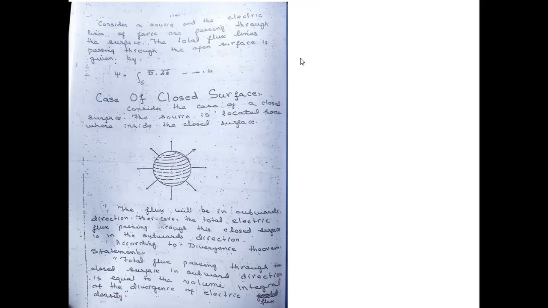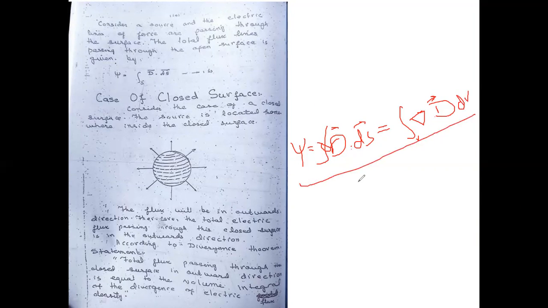This is actually a relation: the closed surface integral of D dot dS is equal to psi, and that is also equal to the volume integral of del dot D. This is actually the divergence theorem.